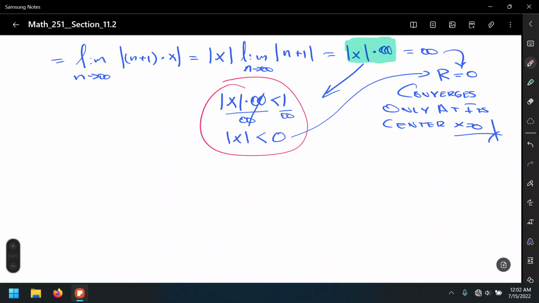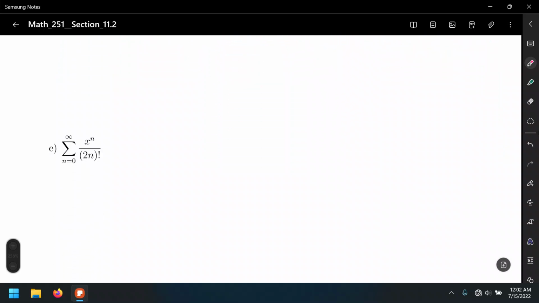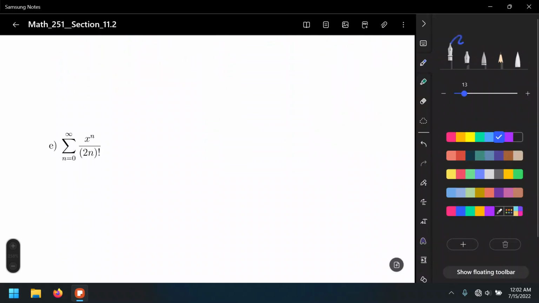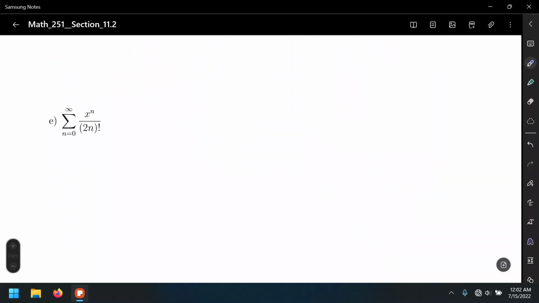All right, let's look at one more example and see what we get. Sigma n equals 0 to infinity x to the n over 2n factorial. So again, set it up as a limit using the ratio test.